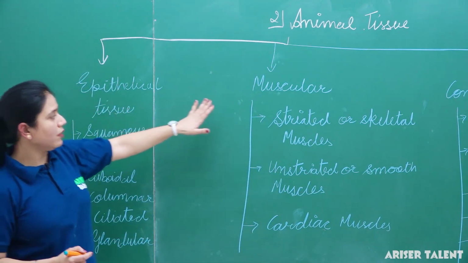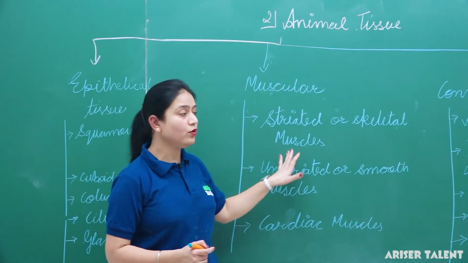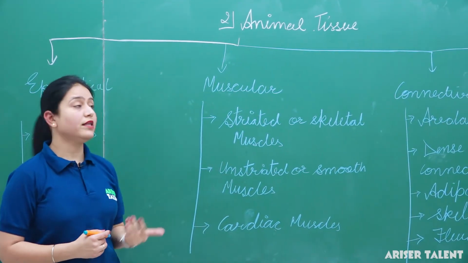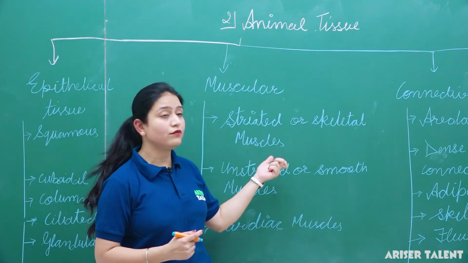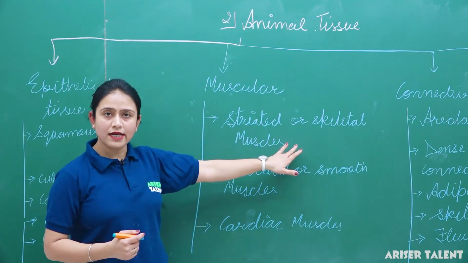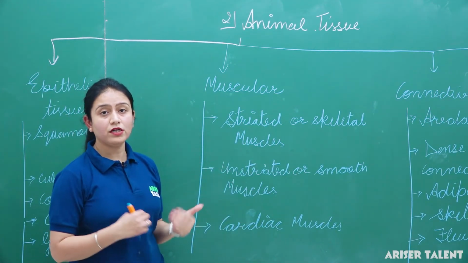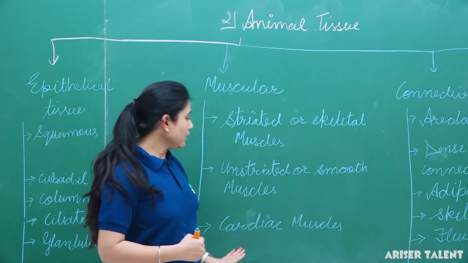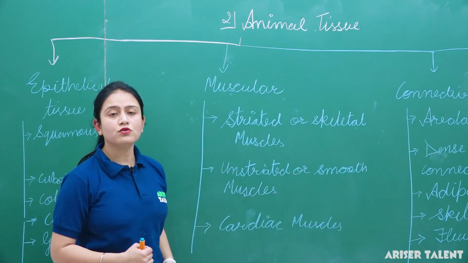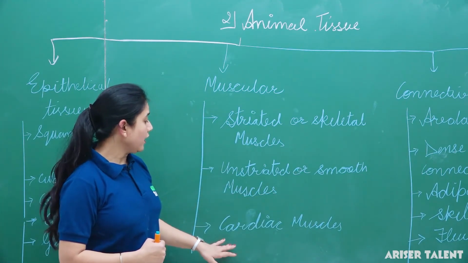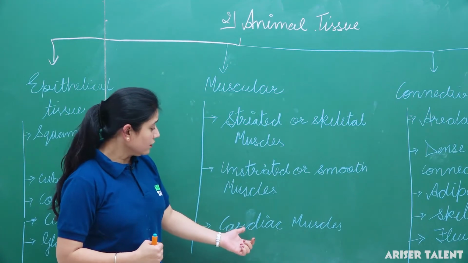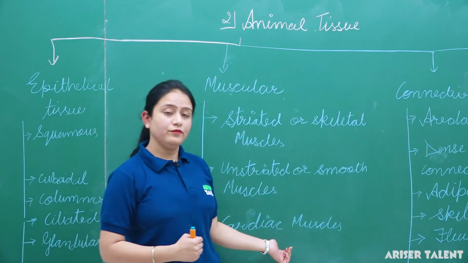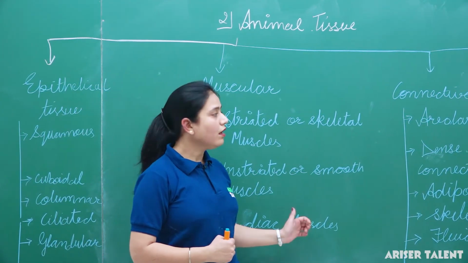Next one is the muscular tissue. Muscular tissues are of 3 types: striated or skeletal muscles, which are connected to the skeleton, unstriated or smooth muscles, and cardiac muscles. Smooth muscles are also known as involuntary muscles, and cardiac muscles are related to the heart.